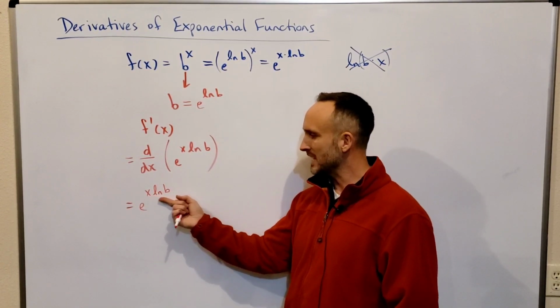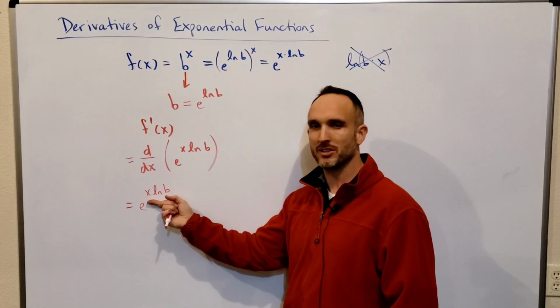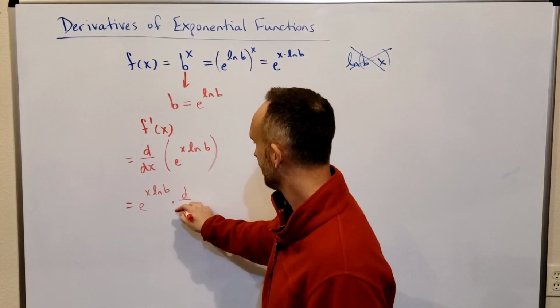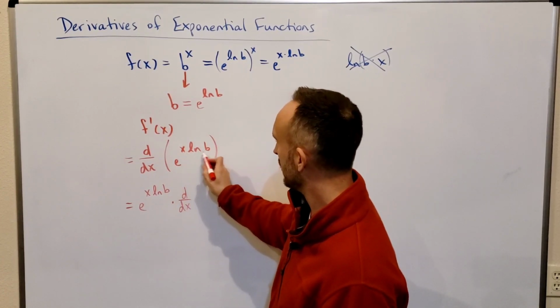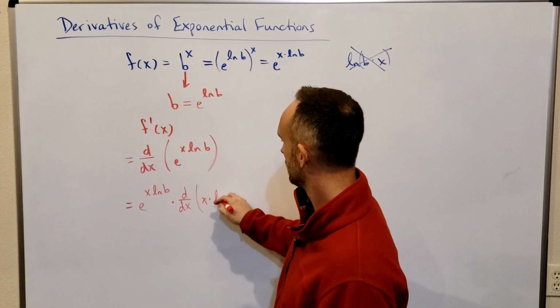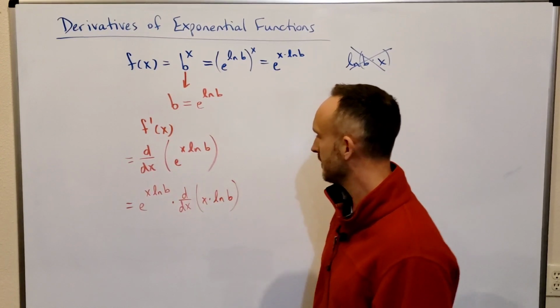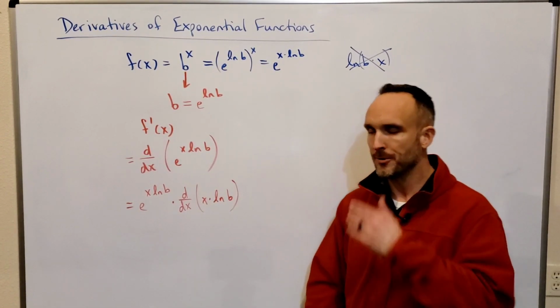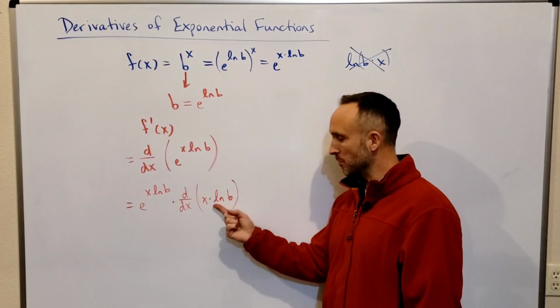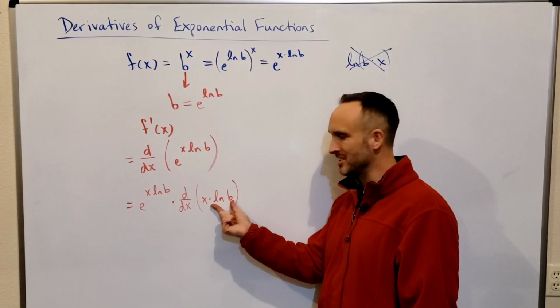But because the exponent is not just x, I have to implement the chain rule, and I still have to multiply by the derivative of the inner function, x times the natural log of b. Now, when I differentiate a constant times x, remember the natural log of b is a constant.